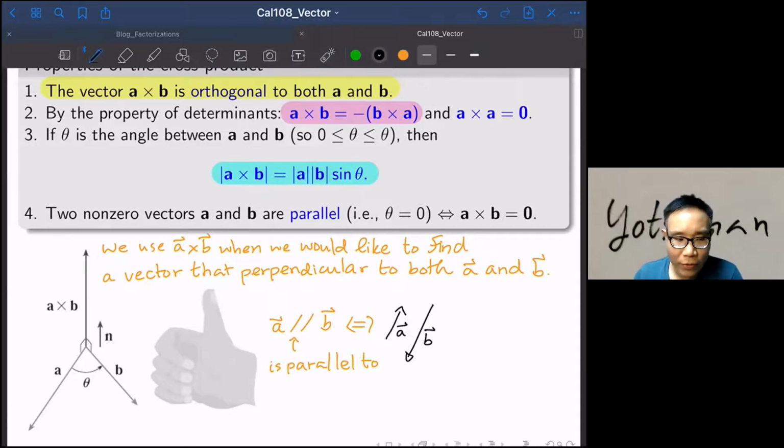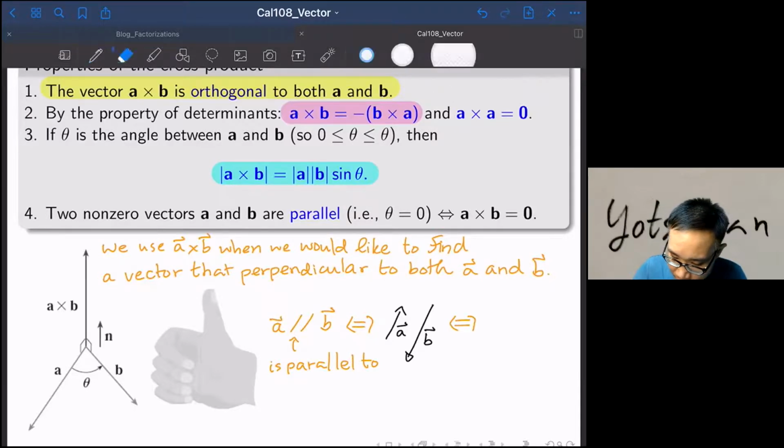For this one, it turns out that A is going to be a multiple of B. So in this case, it's if and only if.